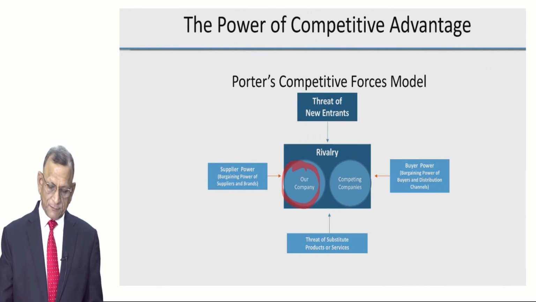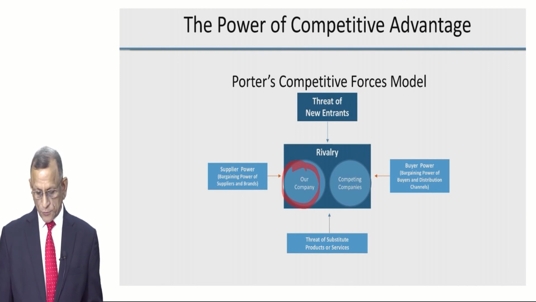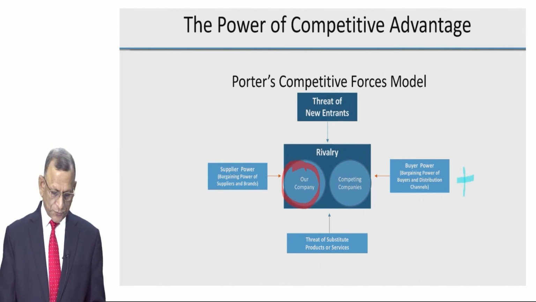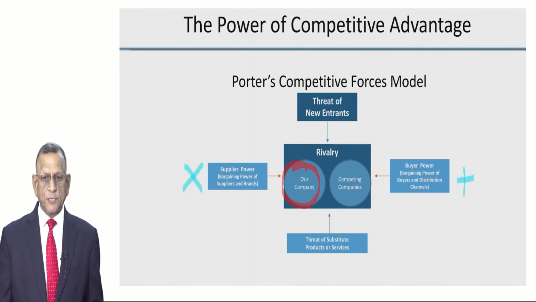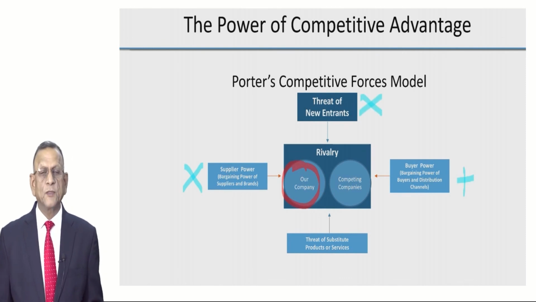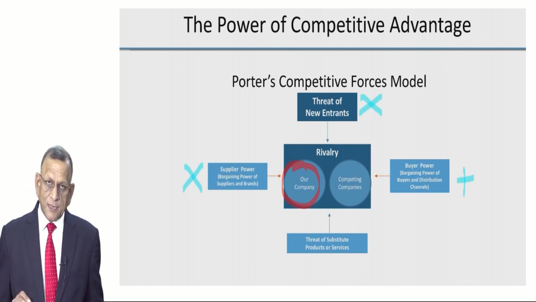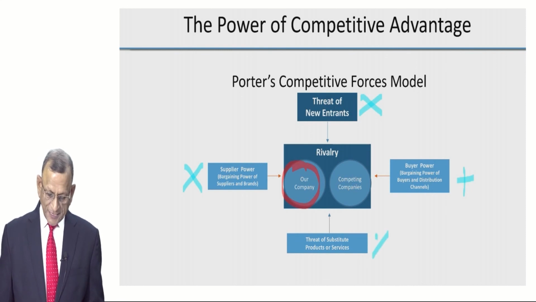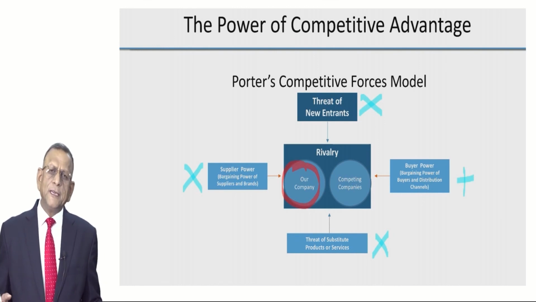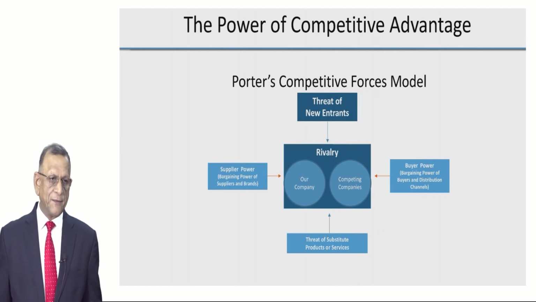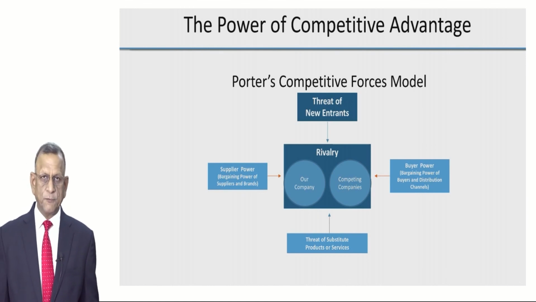I should try as far as possible to reduce the buyer's bargaining power, reduce the supplier's bargaining power, and do something so that new entrants may not enter the market, and there should not be any threat of substitute products. Only then I'll be able to have a near monopoly kind of situation. So this is Porter's 5-force model, and we understand how we can use it.